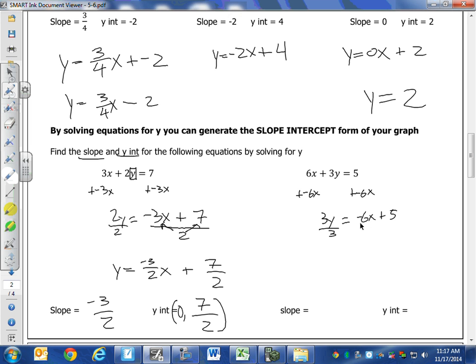Divide everything by 3. And then when we split it up, negative 6 divided by 3 is negative 2x. 5 divided by 3 cannot be simplified, so you just leave it as 5 over 3, giving me a y-intercept at 0, 5/3 and a slope of negative 2, or negative 2 over 1. Cool.